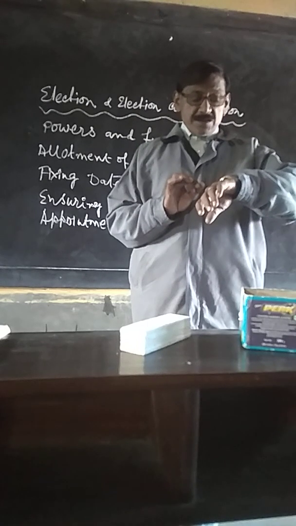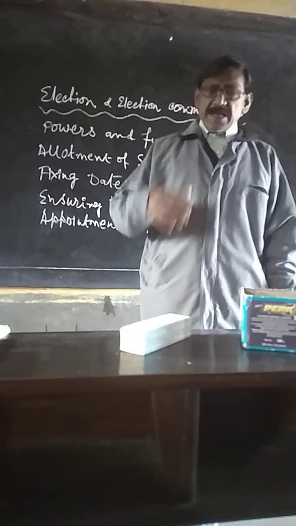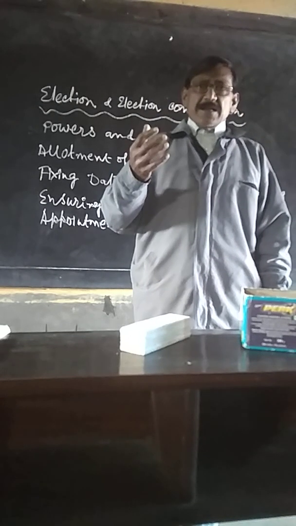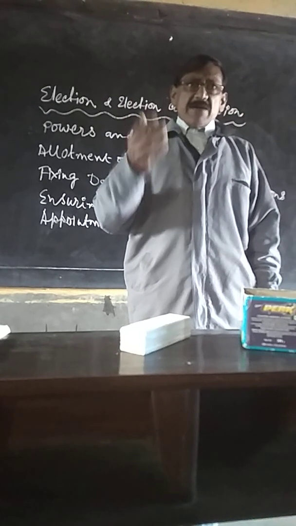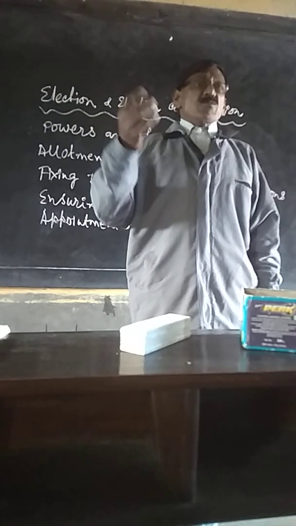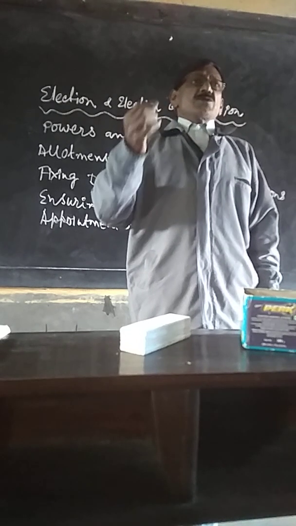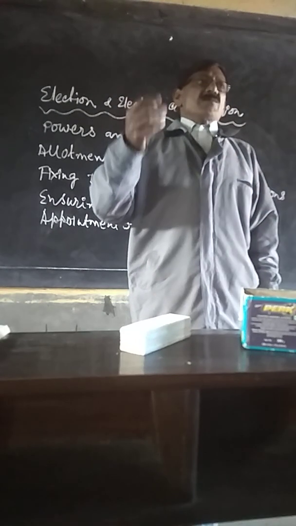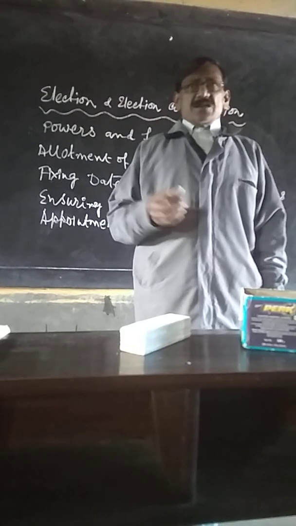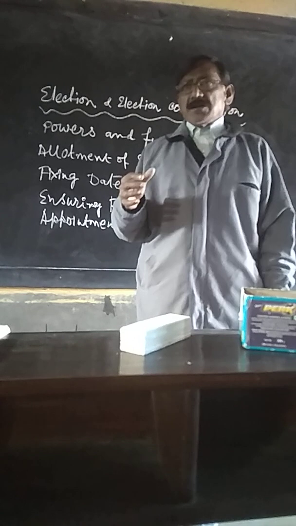So that's why the role of electoral officials as well as the role of polling officers is very important. Why? Because their first and foremost duty is to make the voters aware while casting their votes. Each and every voter has to produce their photo identity card before the polling officer and the agents of different political parties.